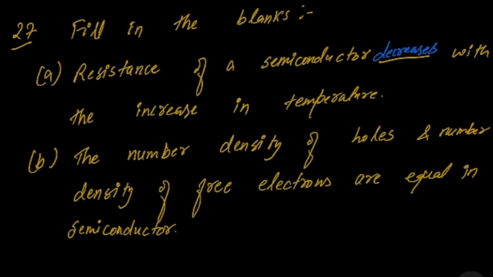And second is the number density of holes and number density of free electrons are equal in blank semiconductors. So the number of electrons and number of holes are equal in an intrinsic semiconductor. So we fill in here intrinsic.